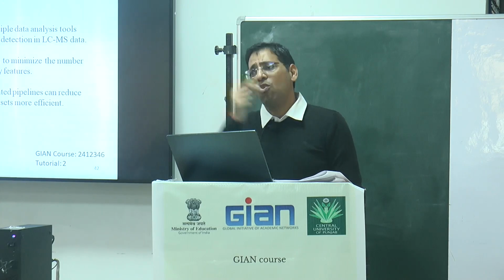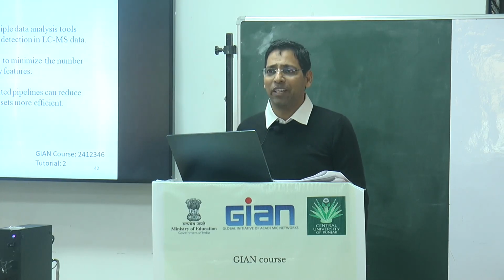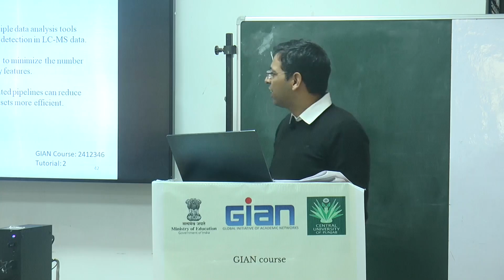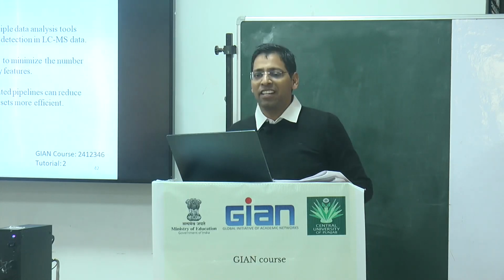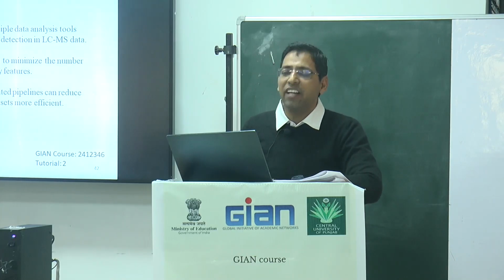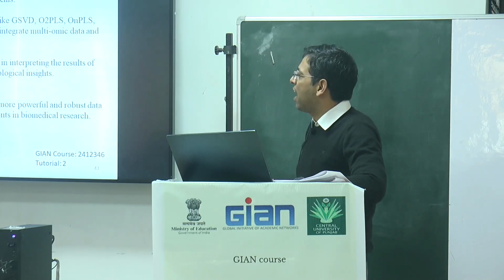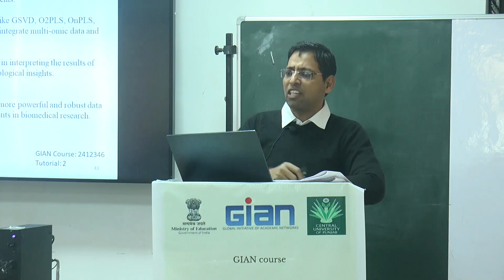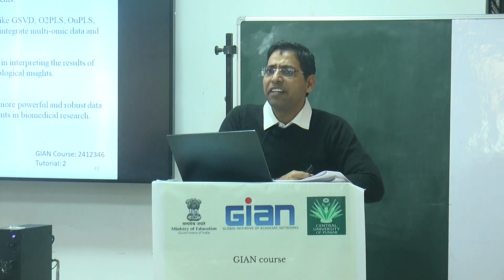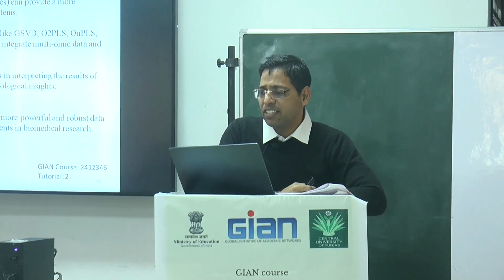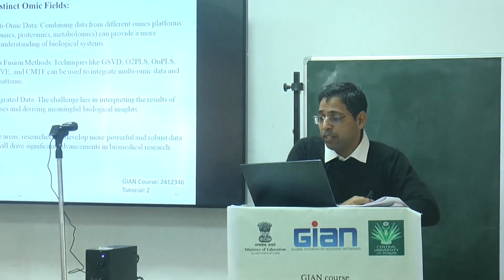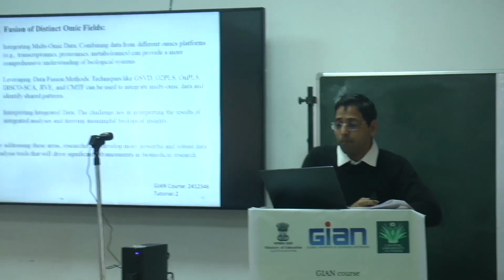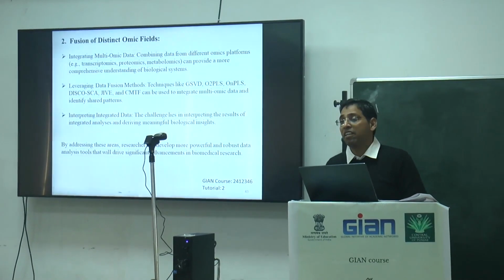They can change the whole result to the opposite, and that's why we have to reduce all the false positives, and automatic data analysis is another concept we have to take care of. These are the few points, and we have to fuse these things with the omics field. Integrating multi-omics data, that is combining different omics platforms, transcriptomics, proteomics and metabolomics, can give us a comprehensive understanding of biological variation.